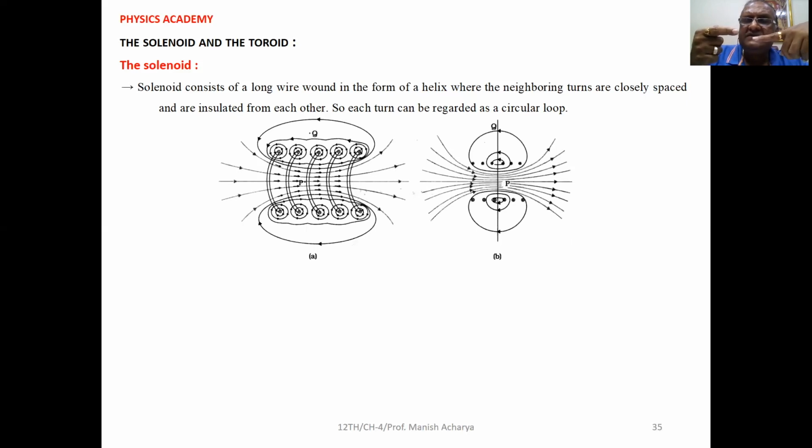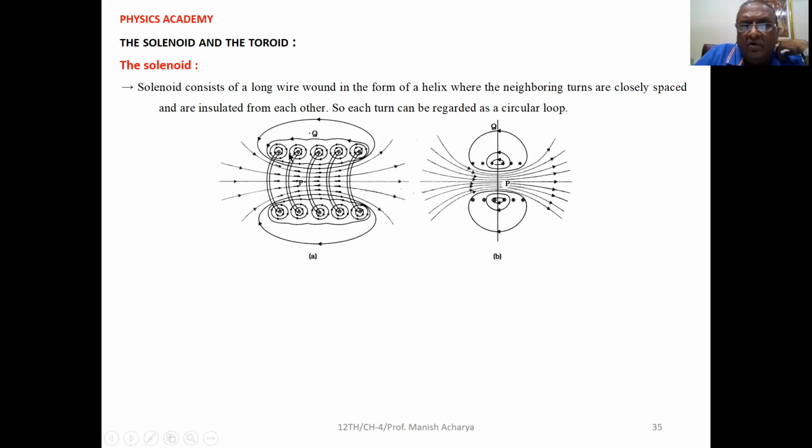If the turn is coming out, then at that place we represent it by a dot in the circle, which represents the outward direction. And if the turn is going inside, then we represent it by a cross. So the direction of the current will also be as per the direction of the wound turns.